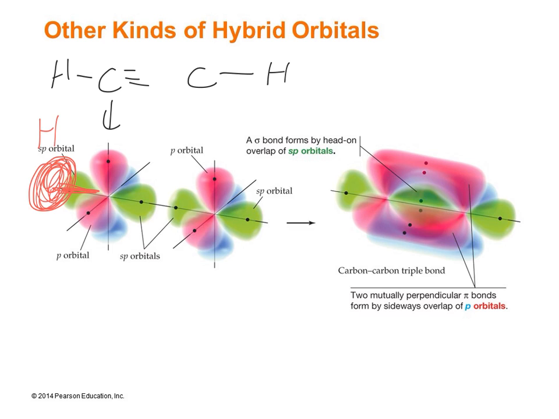So we've got our sigma bond forming right there. Then this carbon is going to overlap with this carbon by overlapping sp orbitals. And that overlap is forming a sigma bond, or the single bond. Remember, our double bonds are going to form from the sideways overlap of the unhybridized p's.